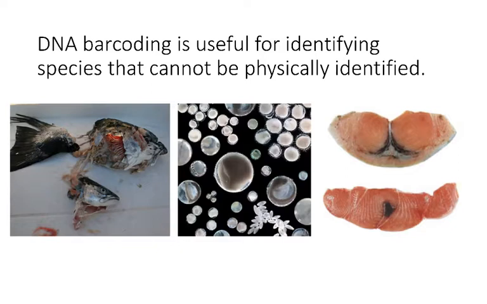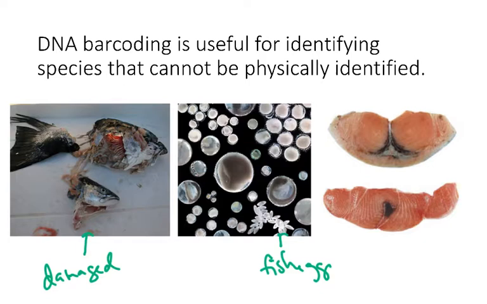DNA barcoding is also really useful for identifying species that, for one reason or another, don't have any physical characteristics anymore to identify them. That might be the case if you're working with damaged specimens, or fish eggs, like we talked about previously. Like 70% of fish eggs are roughly the same size, so you can't tell them apart that way.